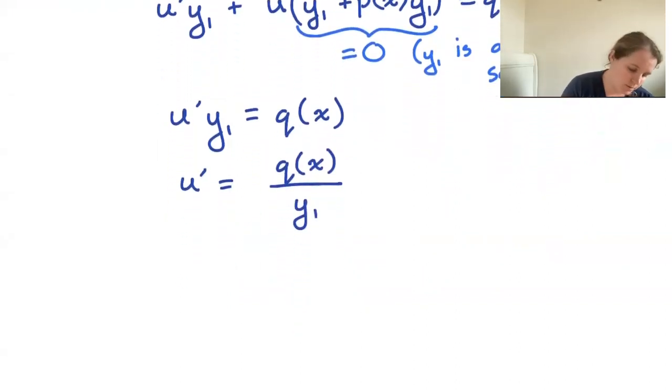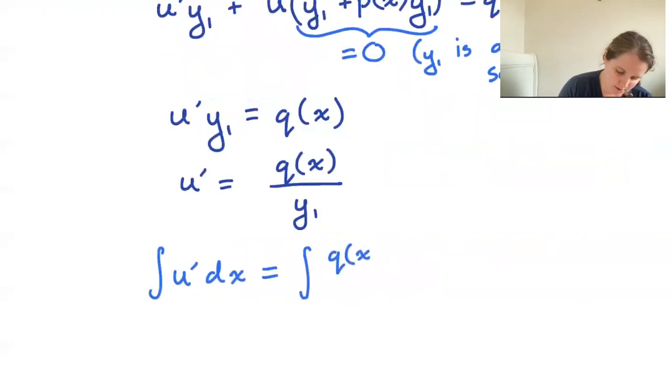If we integrate both sides, we have the integral of u prime dx is equal to the integral of q of x over y1 dx.